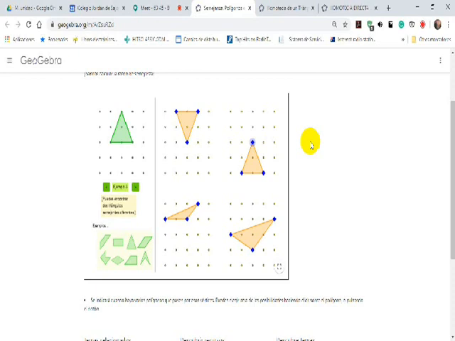So these are congruent and similar. In this case we're going to create this. Now I have this triangle that is similar to the original, but in this case it is bigger than the other one.